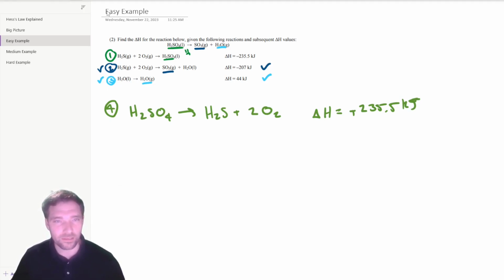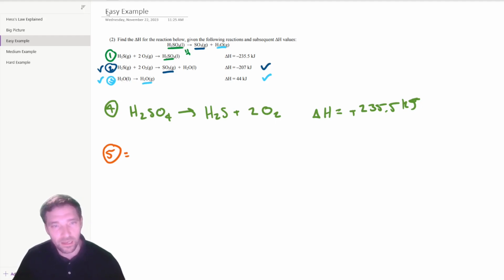It looks like line 4 and line 2, if we want to combine those, should cancel out pretty nicely. We could do this in multiple steps, but I'm going to call this line 5, and I'll do it in one step, combining line 4 and line 2.